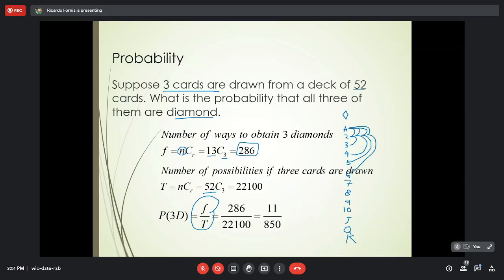Then diamond, it should be three diamond, could be three clubs or three spade. What's the result? Anybody can just type the answer in the chat box. What is the probability that the three cards are of the same kind?